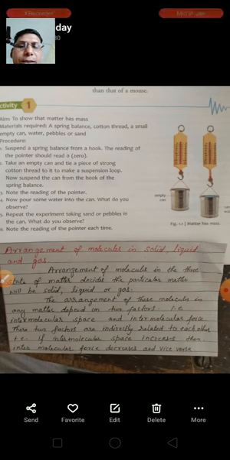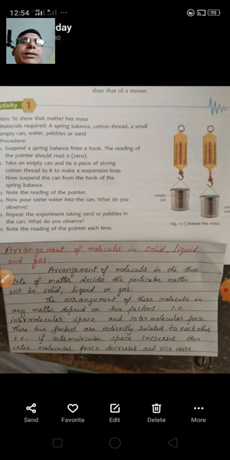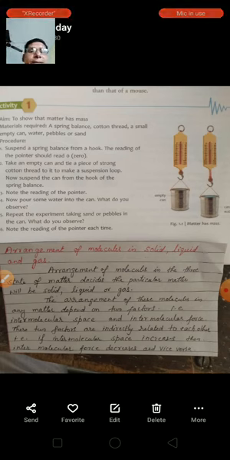These 2 factors are inversely related to each other. That is, if intermolecular space increases, then intermolecular force decreases and vice versa.